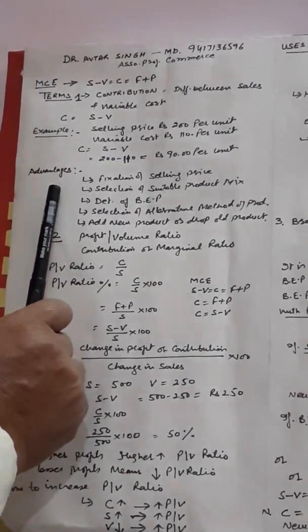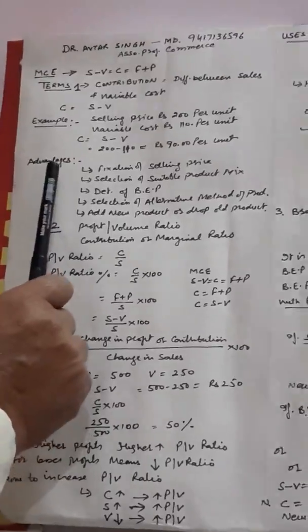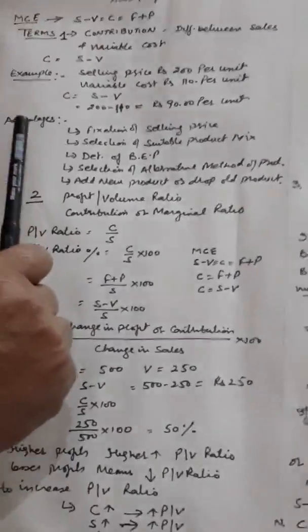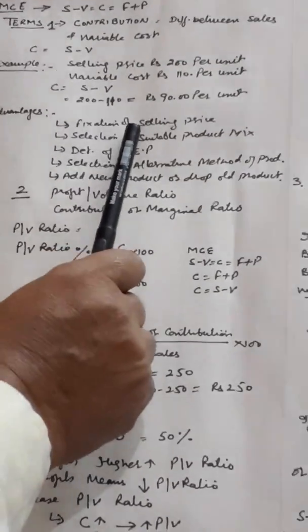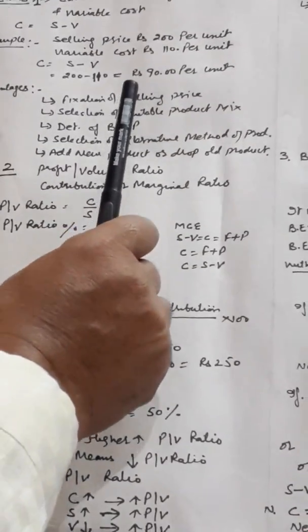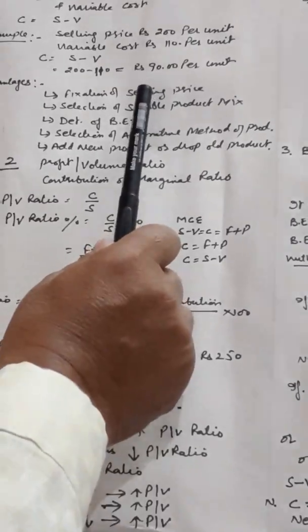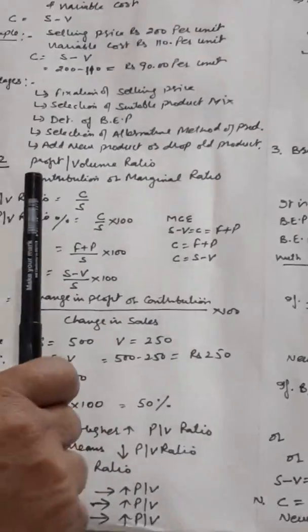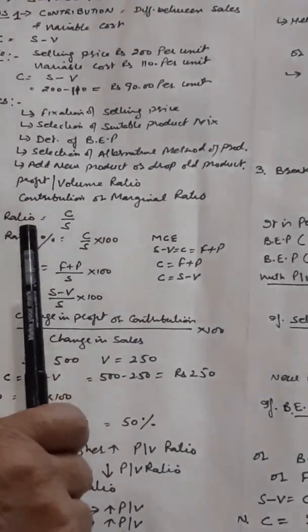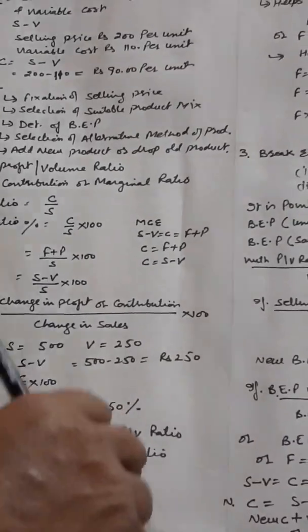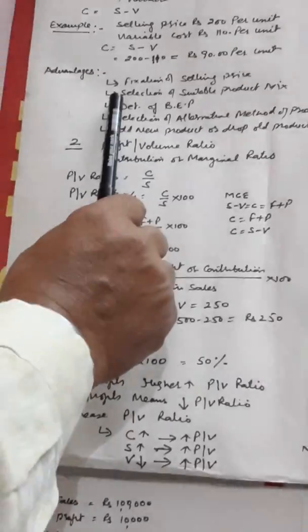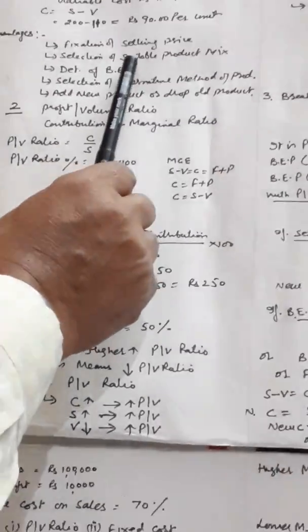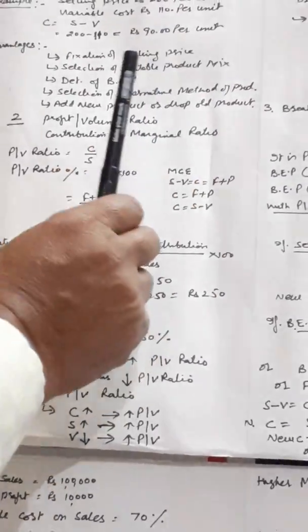Why should we calculate contribution? It has certain advantages. The first advantage of contribution, it helps in fixation of selling prices. Next, it helps us in the selection of suitable product mix.